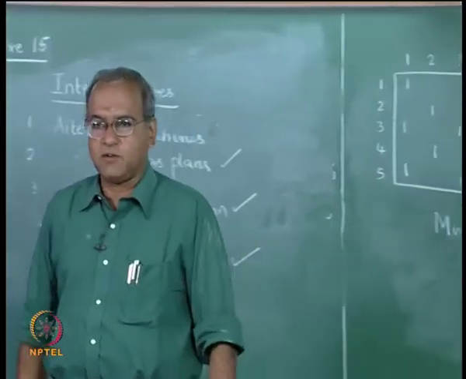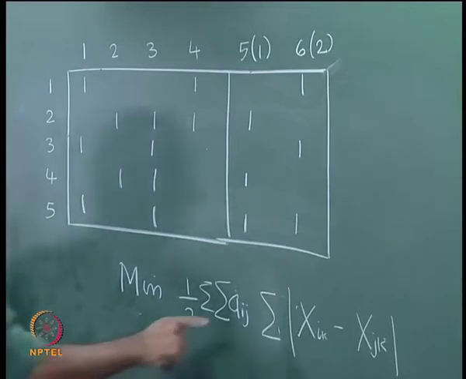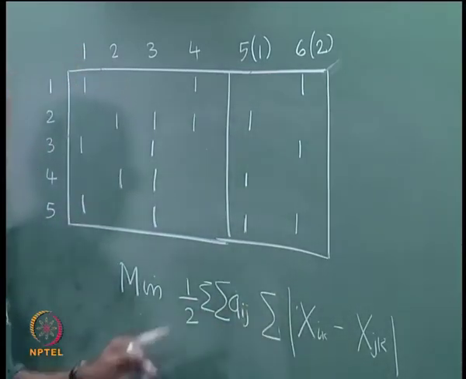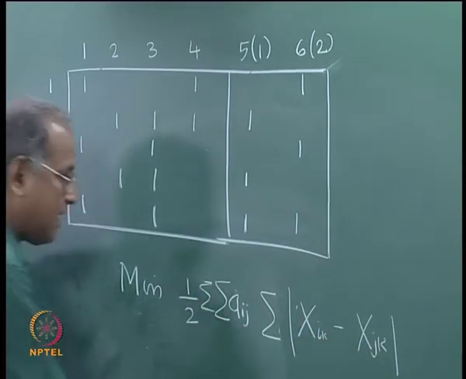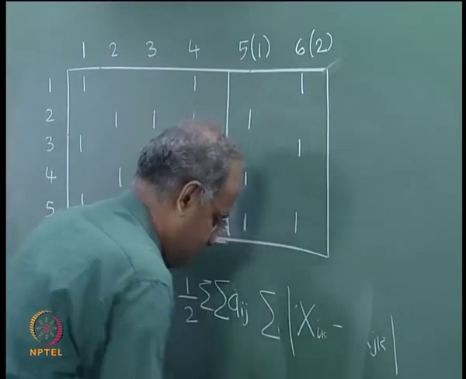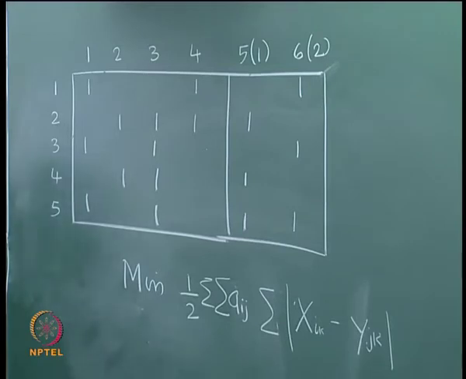This will be the objective function, where x_ik equal to 1 if machine i goes to cell k, and y_jk equal to 1 if part j goes to cell k in the earlier formulation that we have seen.